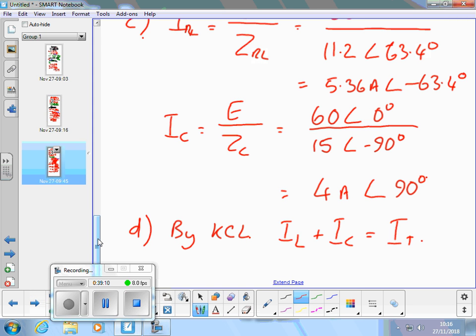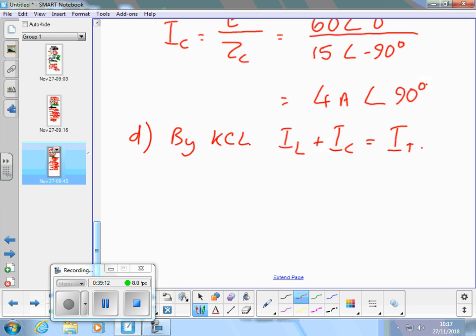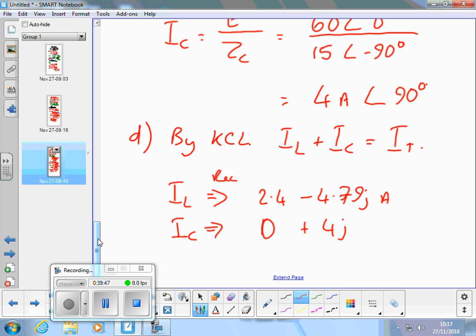What we have to do is convert both of them to rectangular form. So IL, I've got 2.4 minus 4.79J amps, and IC converted to rectangular, 0 plus 4J amps.